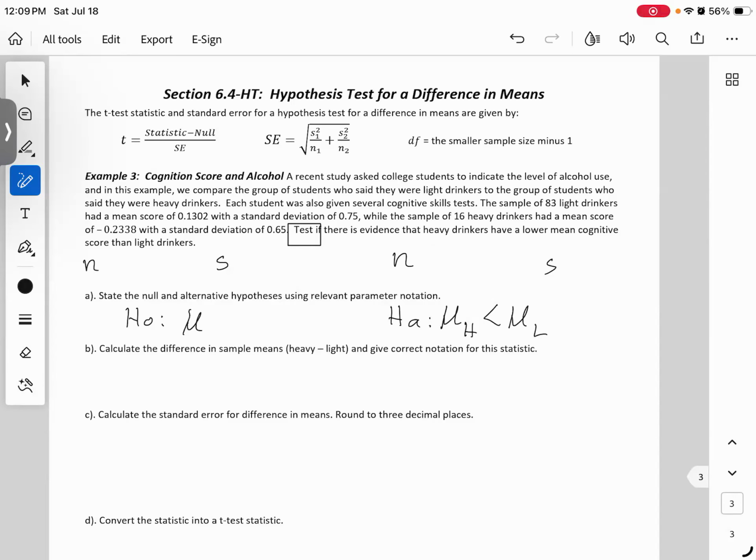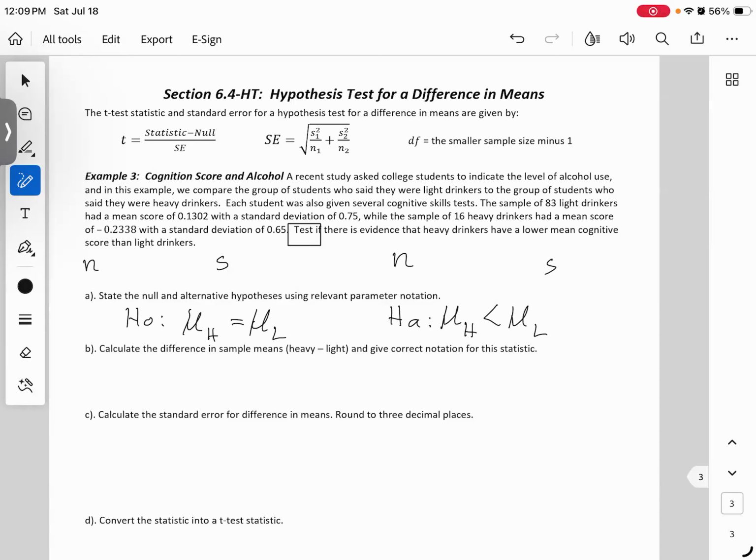And again, the null is going to say that heavy drinkers are going to have the same test scores as light drinkers. And I think our assumption here, we probably all agree that if you are a heavy drinker and it comes to school, maybe you're not going to perform as well as those who are light drinkers, or maybe even those who don't drink at all.